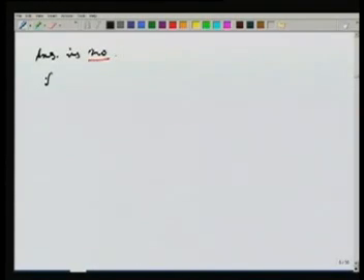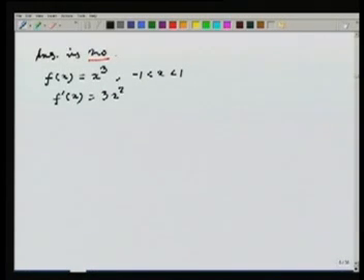We look at the function f(x) equals x cube, where minus 1 less than x less than 1. Then I look at the derivative f prime x, that is 3x square. It is bigger than or equal to 0. Actually f prime at 0 is 0. But what is the function?